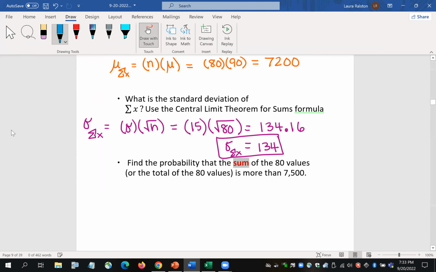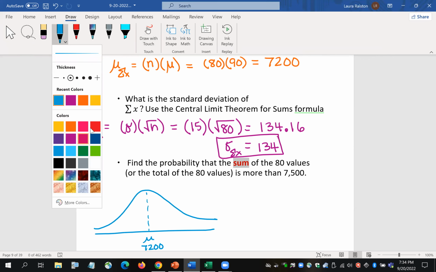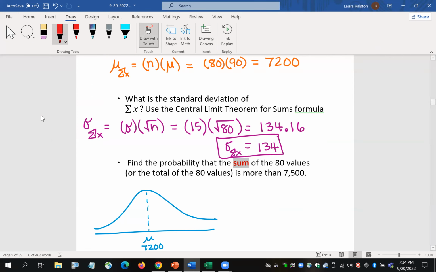So I'm going to sketch a picture. I know that I have a normal distribution. The mean of the sum is 7,200. I'm interested in the probability that it is more than 7,500. More than, or greater than, would be to the right.